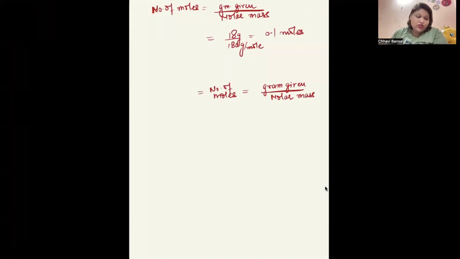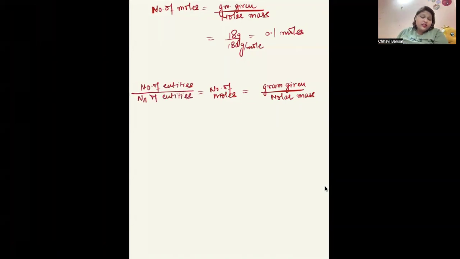Number of moles can also be calculated as number of entities divided by Avogadro's number of entities. We can do so, right?